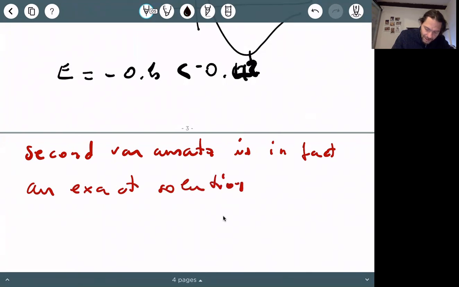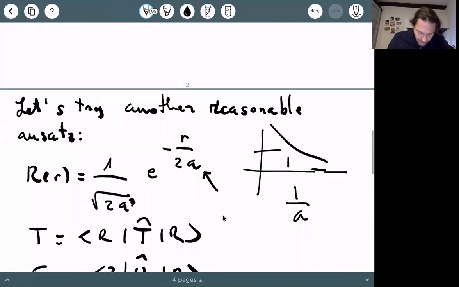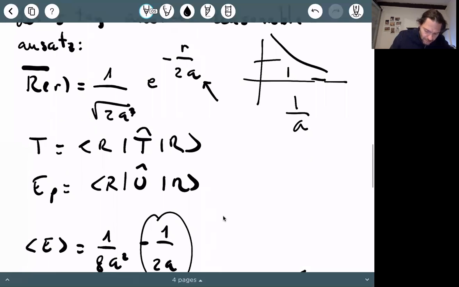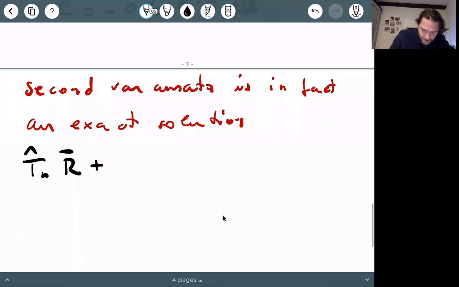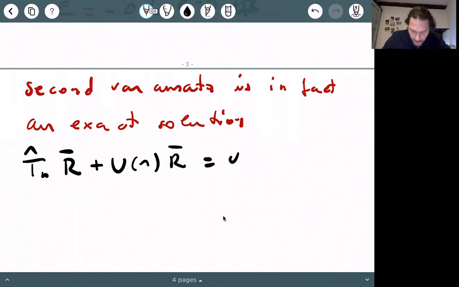I mean that if you take the second variational ansatz, let's call it R-bar, and I do my T_R R-bar plus U_R R-bar, there's no centrifugal term, we are in S wave. This is going to be proportional. Actually, this is going to be the ground state energy we just computed times R-bar.